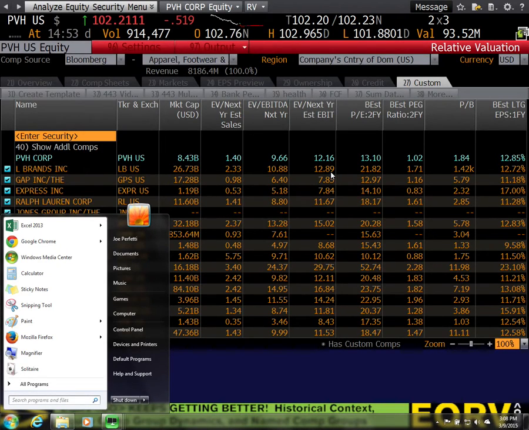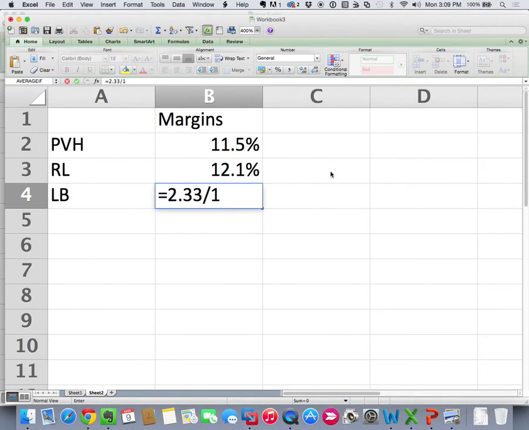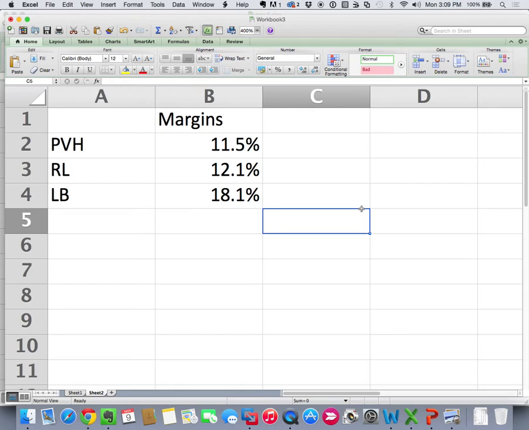EV to EBIT, 12.89. It's nice to be Victoria's Secret. 18% margins. So basically, if I'm PVH, what I see is that if I'm considering myself the high-end premium brand, I'm not getting the high-end premium margins.